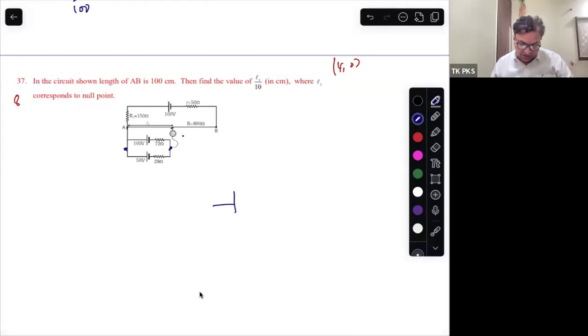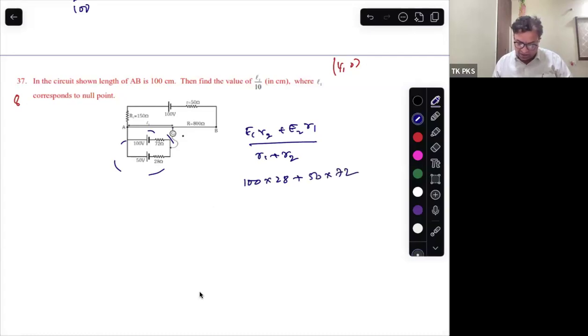If that is what you have, automatically you can represent the entire thing as, one minute, E1 R2 plus E2 R1 by R1 plus R2. That is the effective EMF of the combination. So 100 times 28 plus 50 times 72 divided by 100.